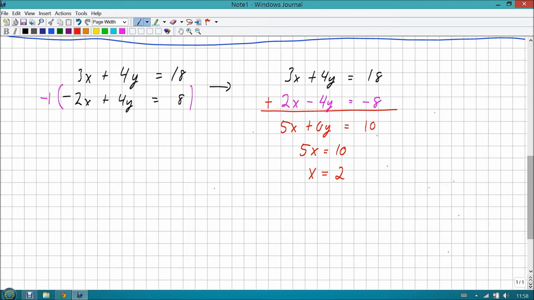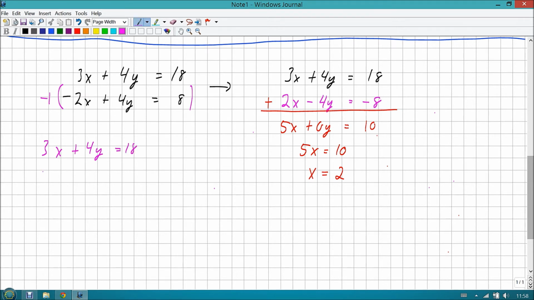Once again, all systems of equations are solved or answered with an ordered pair, which means that we need more than just the x, we need the y as well. So I'd plug it into one of the equations. Looking at the two, I don't like doing negative numbers, so I'm going to go with the first row. So I'd say 3x plus 4y is equal to 18.